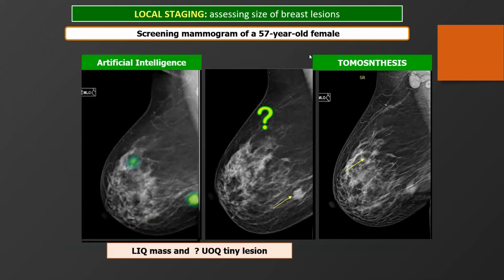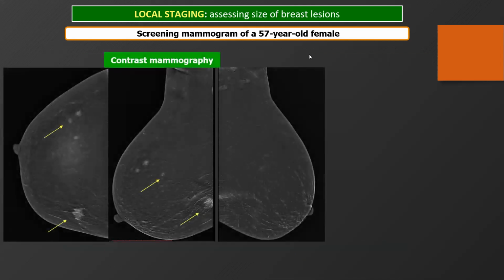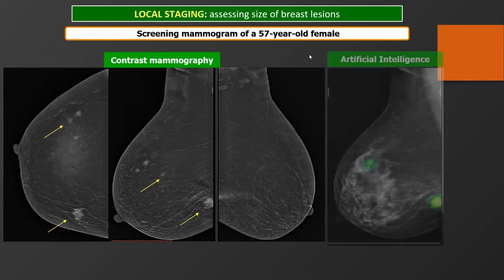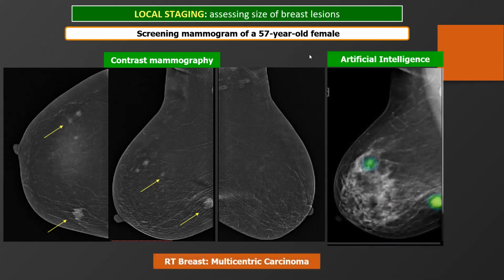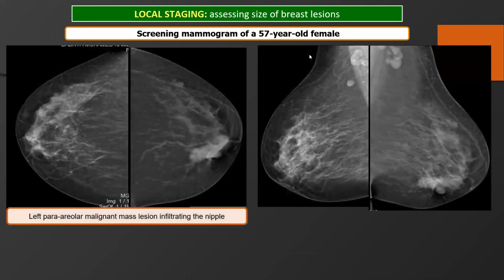With the artificial intelligence, it showed the two lesions in the upper and the lower quadrant, but with the contrast mammography there were multiple enhancing lesions in the breast, and this was a case of a multicentric invasive cancer. In this case, the contrast mammography has the upper hand in detecting multiplicity.